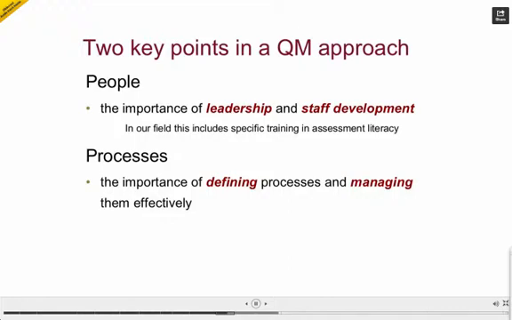The importance of defining processes and managing them effectively to provide the basis for improvement. So the appropriate documentation using standard operating procedures and mechanisms for storage and retrieval in documentation terms.